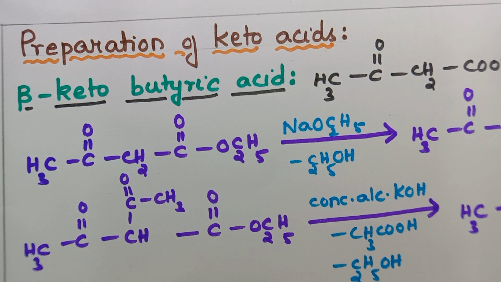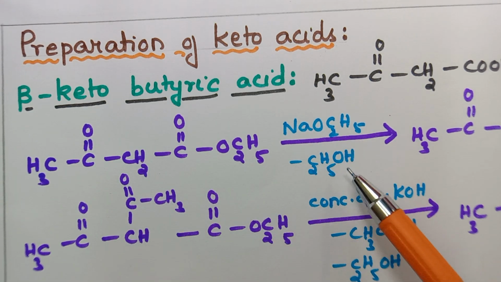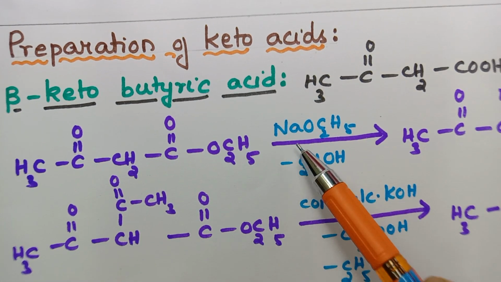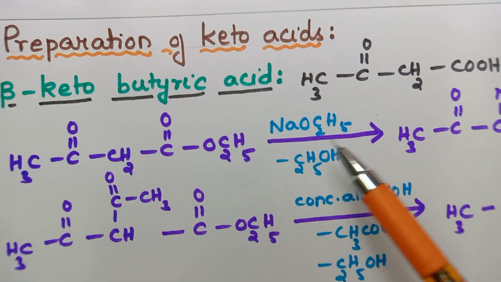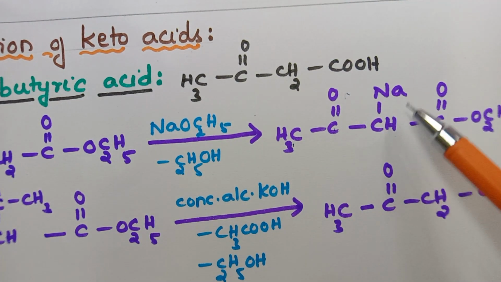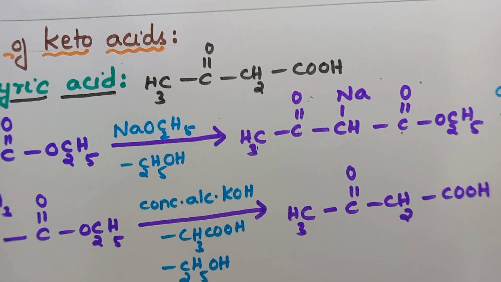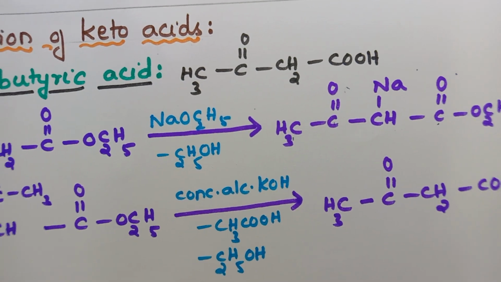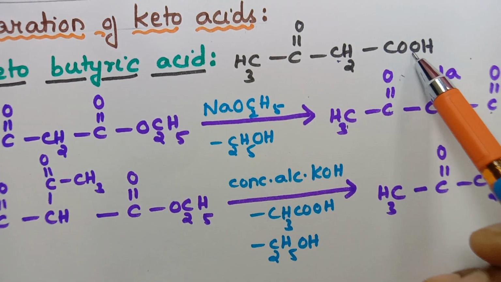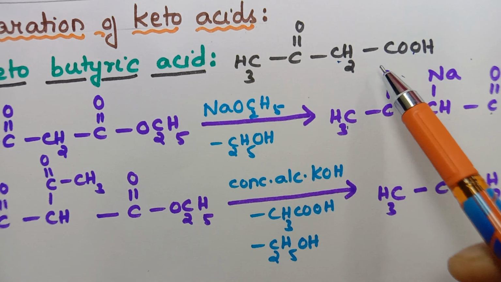Okay, so one of the hydrogens from the active methylene group and OC2H5 comes out as ethyl alcohol, and this H will be replaced by sodium. So the same I have written here, CH3, C double bond O, CHNa, C double bond O, OC2H5. Okay, so what is to be added now? Look here, CH2COOH. This can be obtained from hydrolysis, as you all know.